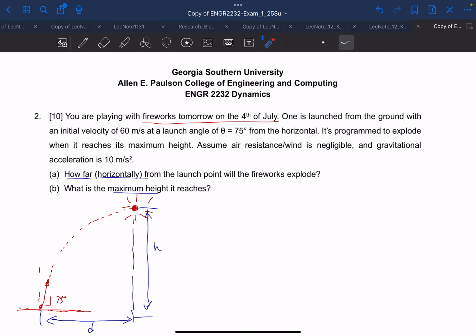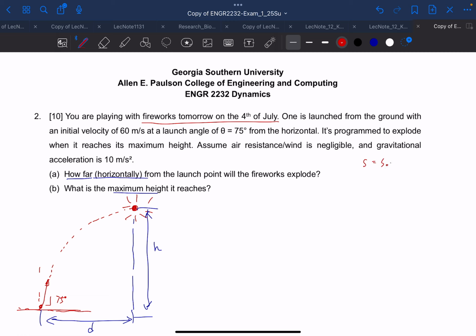So let's try this together. It's a ballistic motion type of thing, so we're going to be using the kinematics rules. First, I'll just write that down.